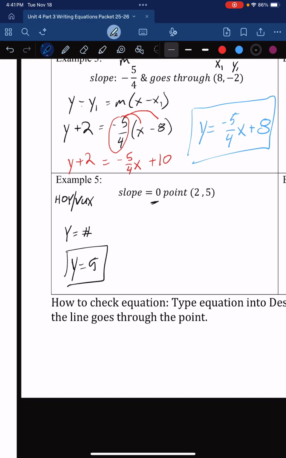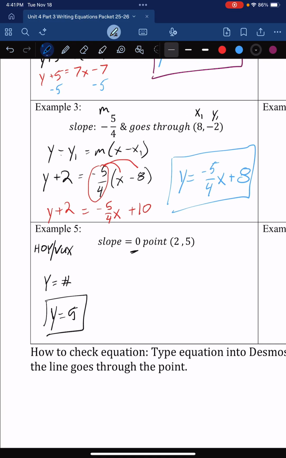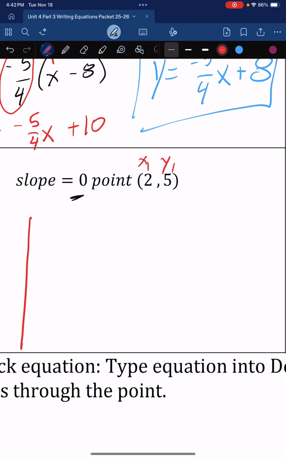Okay, and so where this comes from, even if I didn't have all of that, I could have used the other methods to arrive at that same thing. So I can do that here for us. All right, so here's my x1 and my y1. I can plug all those in, starting with my point slope form.